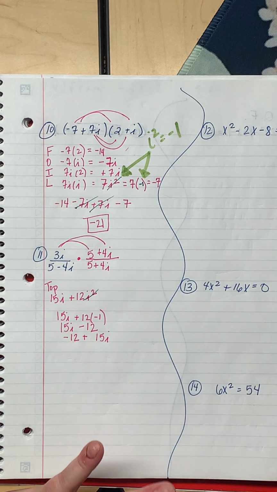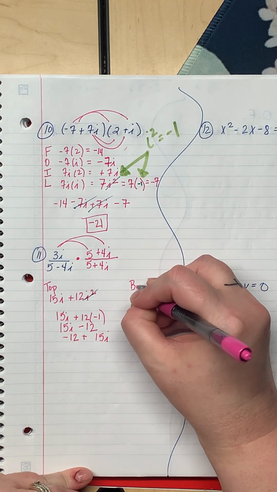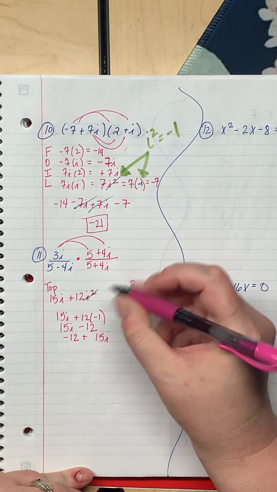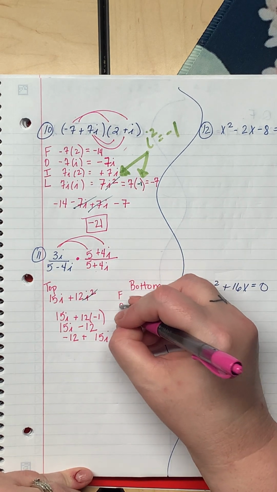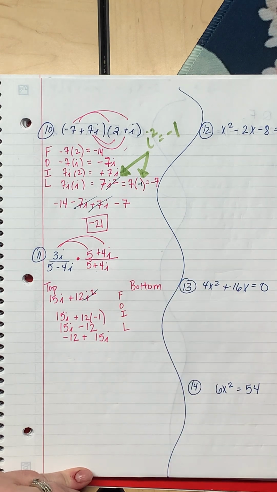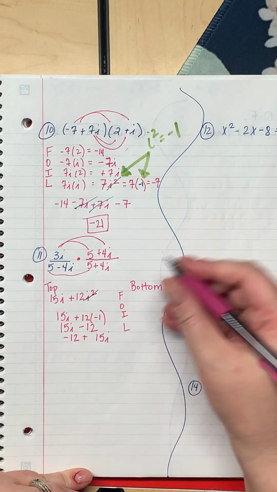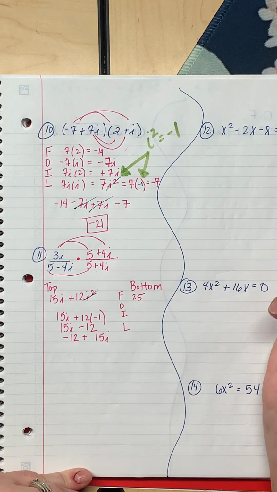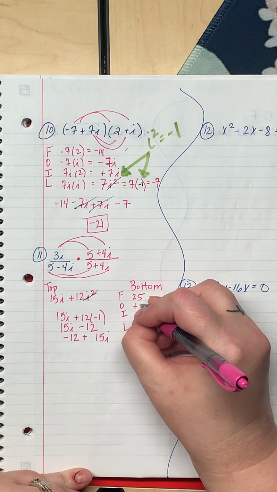Okay, now let's work on the bottom. There's two things multiplied by two things, so I'm going to use FOIL. And let's see here, F times F. Okay, first times first. 5 times 5 is 25. Outsides, 5 times 4i is positive 20i.